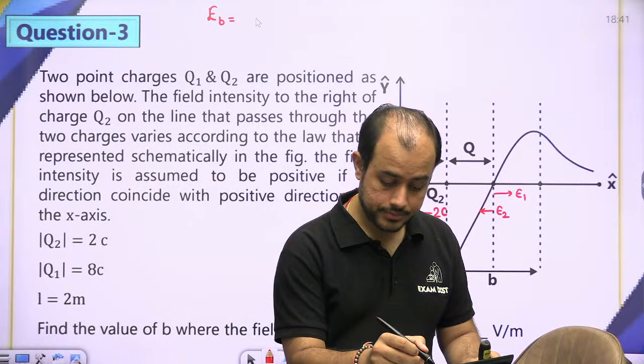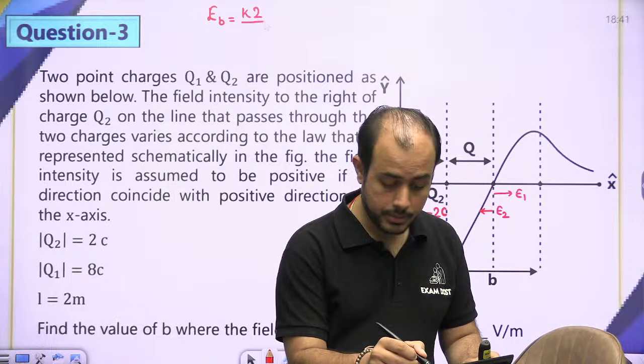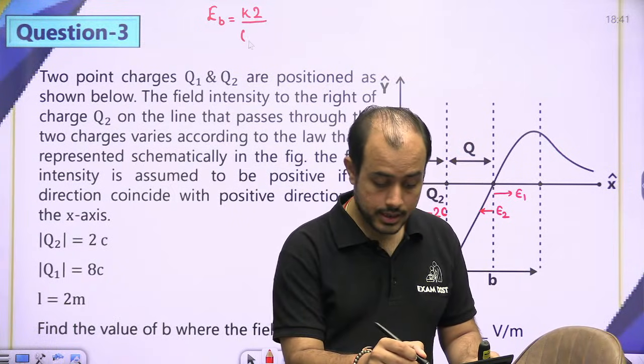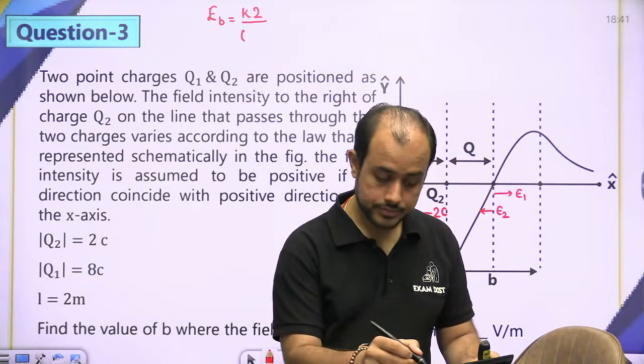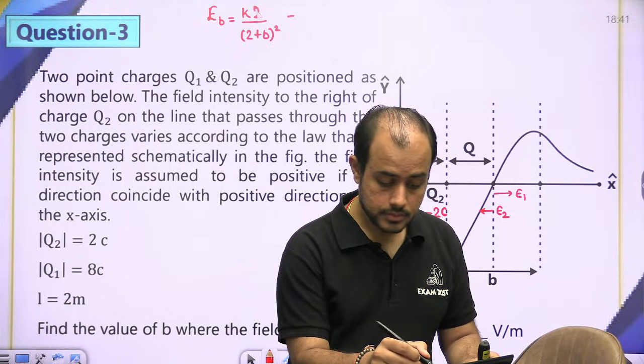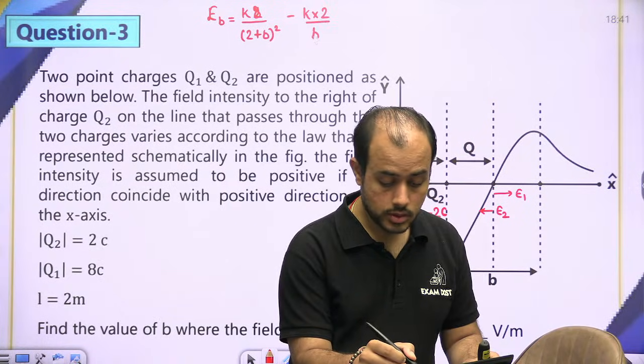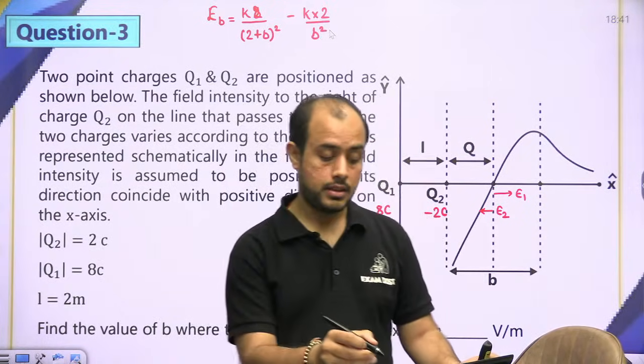So Q1 will be 2K by, L is 2 meter, 2 plus B square, K into 2 by B. Okay.